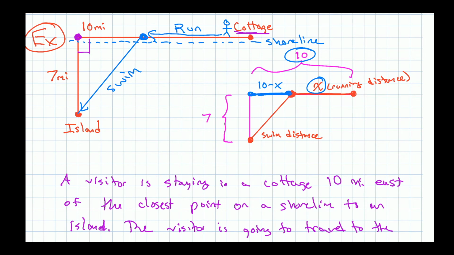Because once you realize that that's 10 minus x, now this side is 10 minus x, this side is 7, right?